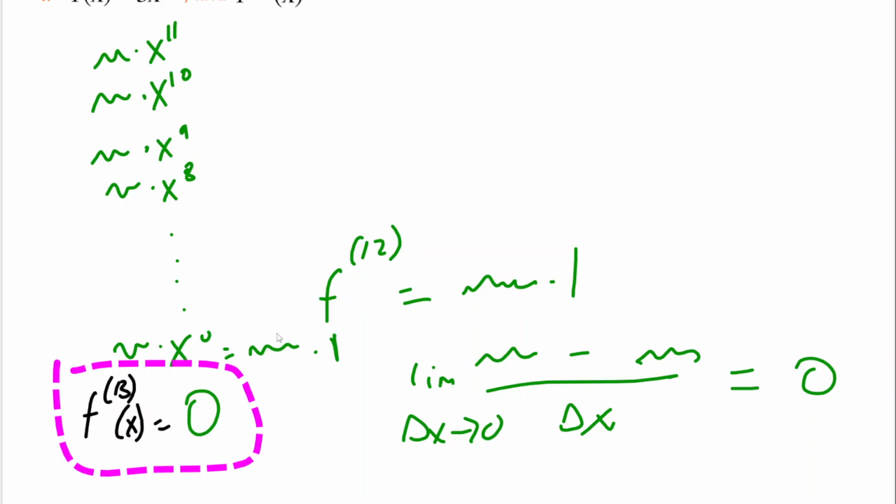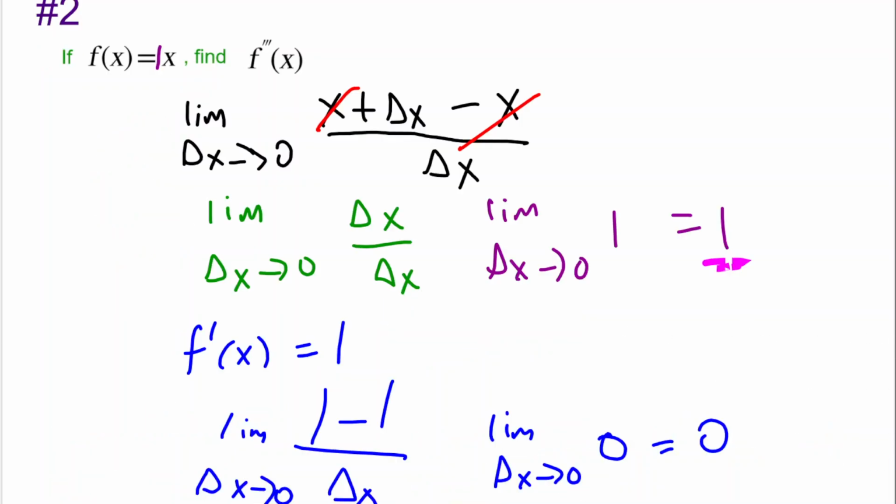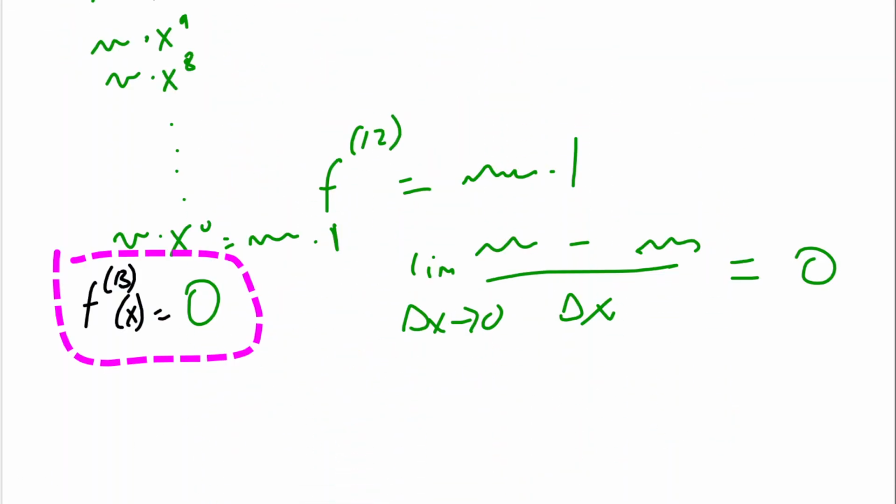And that something times 1 will be the 12th derivative. You can actually do the limit definition 12 times, and you'll see that you will get a constant. You won't get any x's in your answer anymore. And if you repeat this process for a constant with the limit definition, you'll just hit 0, like I showed you in the last example. So the answer is 0 here.